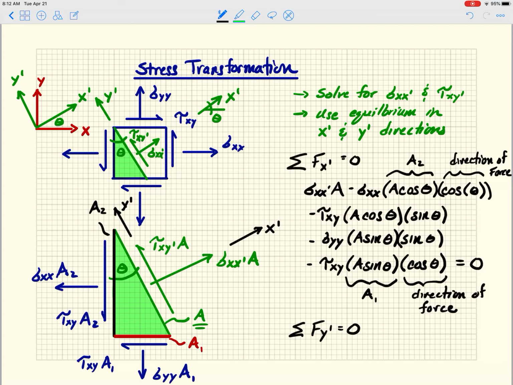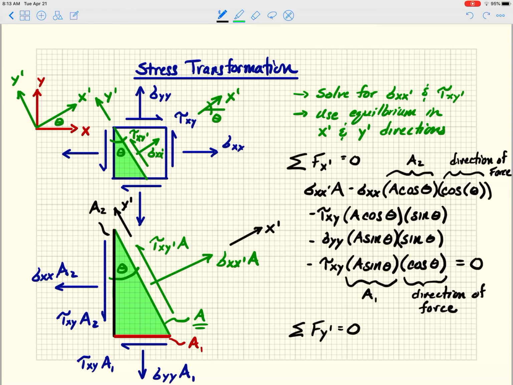In fact, all of the last terms, the cosine theta, sine theta, cosine theta, are all going to flip, because now we're looking at the perpendicular component. And this component here is just going to be tau xy prime times A. So I'm going to get two equations and two unknowns, and so we can solve for them.